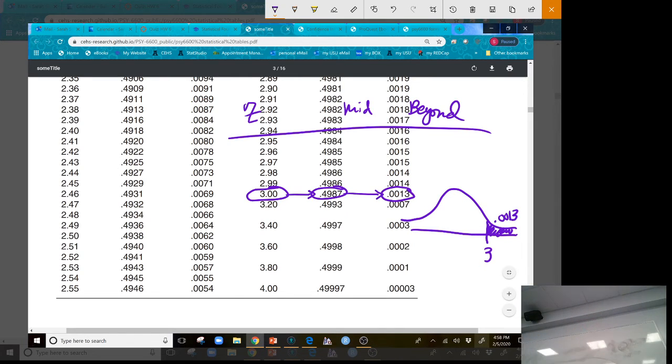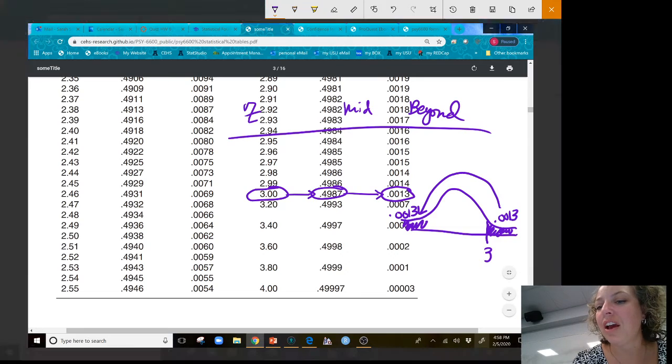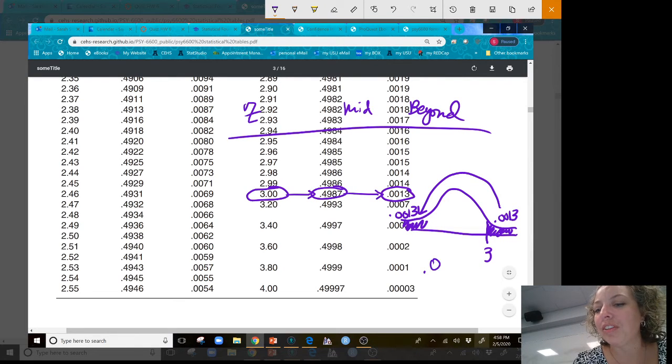That would be our one-tail p-value. But since it didn't say one-tail, we have to double it to get the two-tail. So if we double it, this tail would also be 0.0013. So your p-value would be 0.0013 times 2.